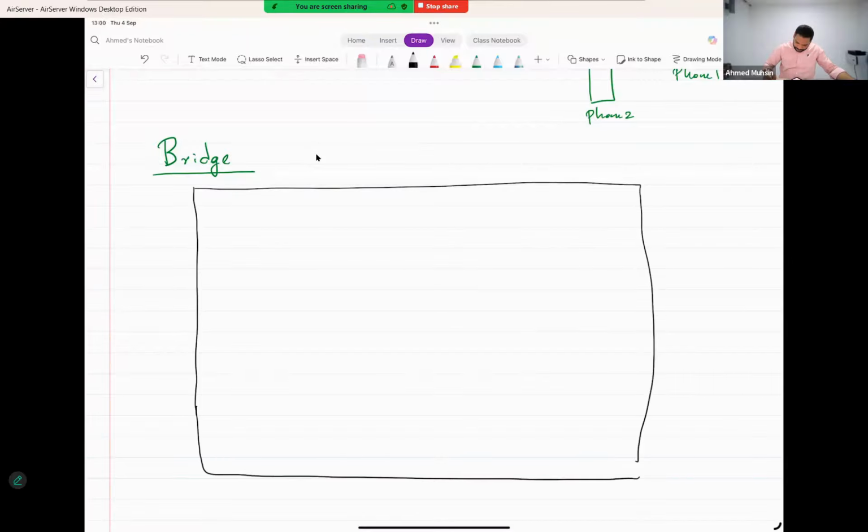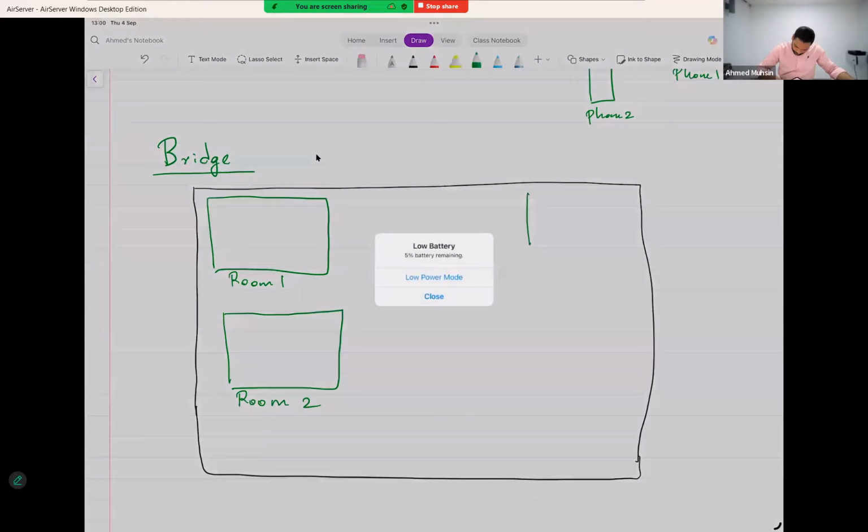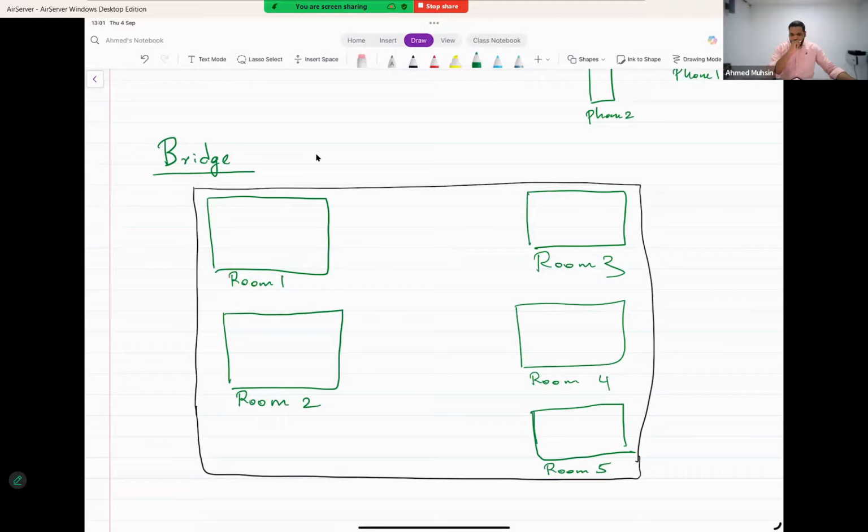Over here, for example, guys, room 1, room 2, room 3, room 4, room 5. So inside each room, guys, you have devices.